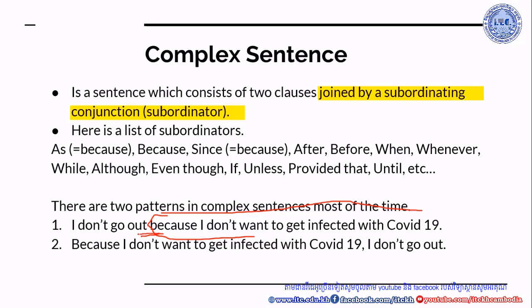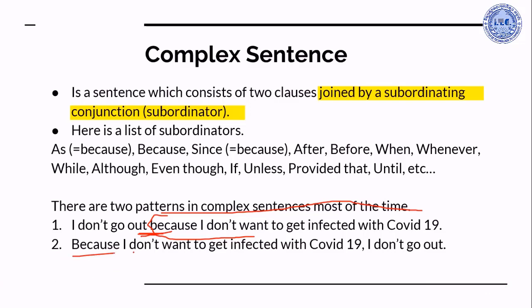There's no comma. But if you move the subordinator to the front, because I don't want, you move it to the front, you see, when you get to the main clause, you have to put a comma here.